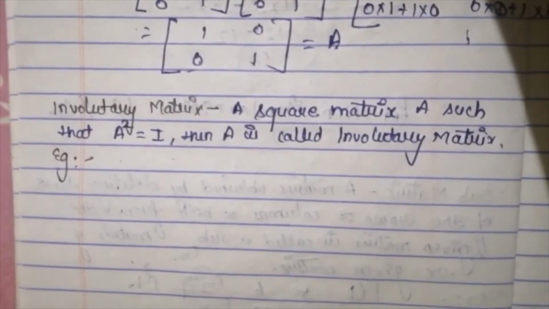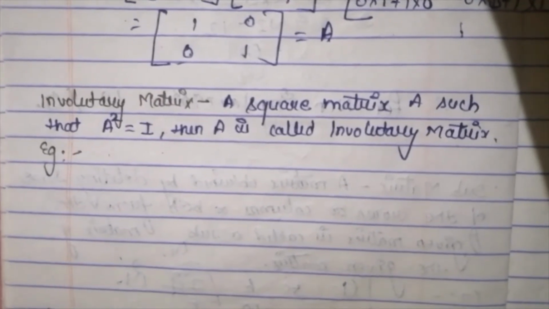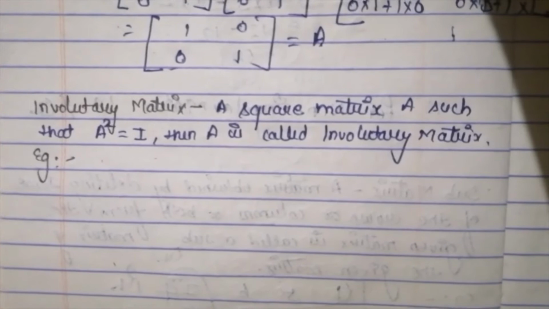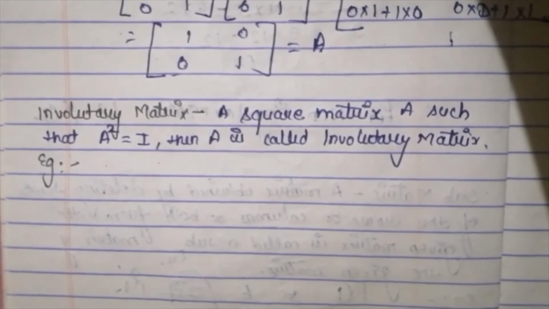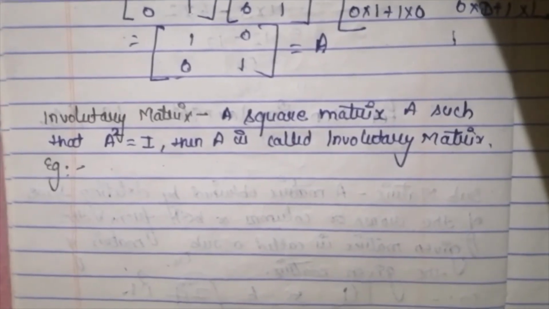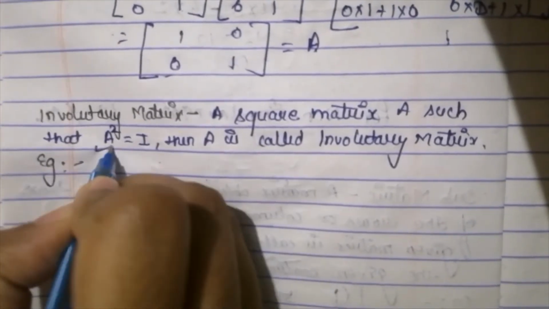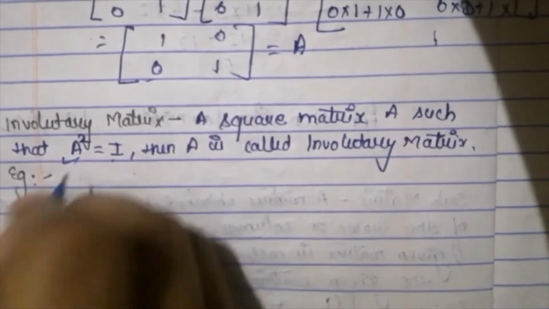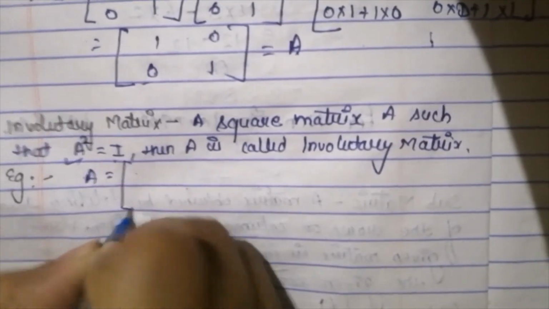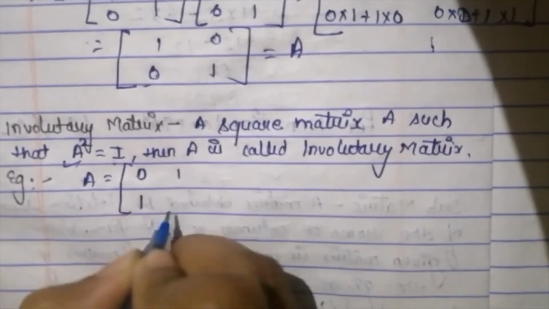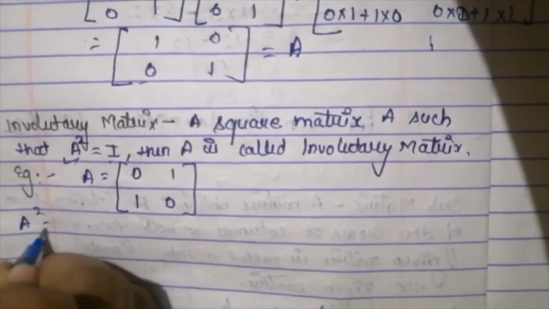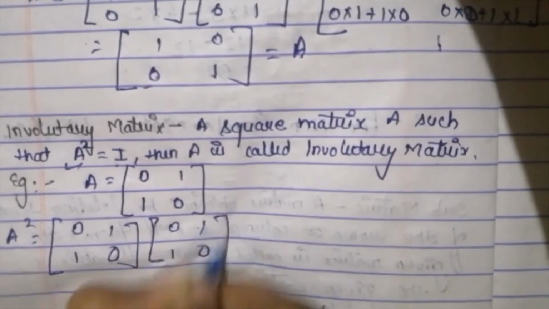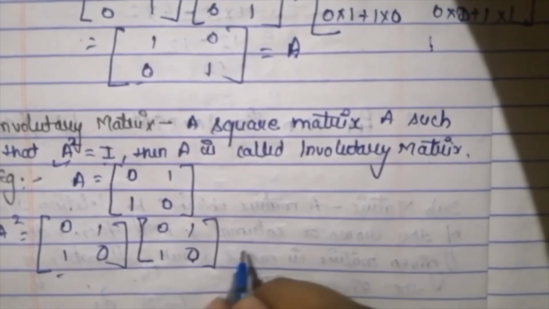Now, the next type of matrix is an involutory matrix. Involutory matrices are those matrices for which, when we take the square of the matrix, we get the identity matrix. For example, if matrix A is equal to 0 1 1 0, now taking A square, we will multiply A with itself.